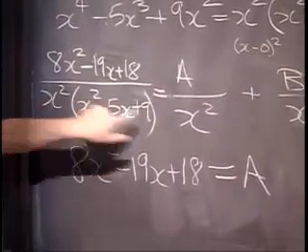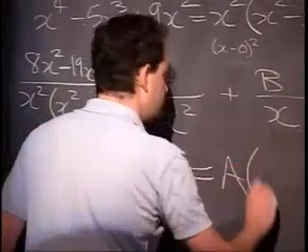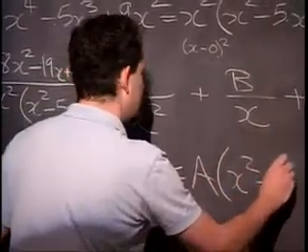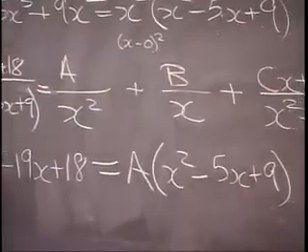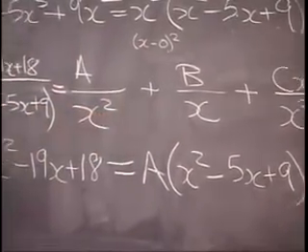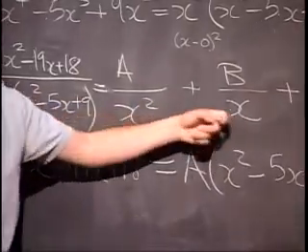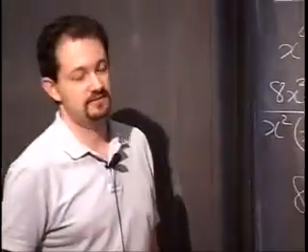The x squared is going to kill this x squared, and we will be left with, in the first term, a times x squared minus 5x plus 9. How about the second term? X squared kills the x, but there's still a factor of x left over in addition to the second term here.